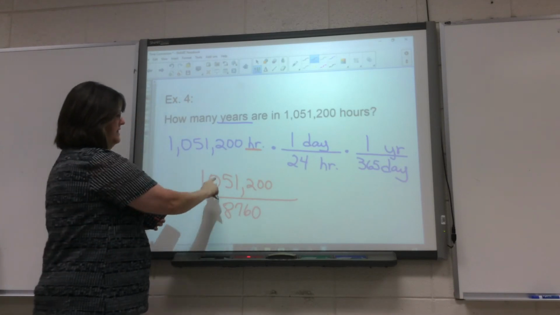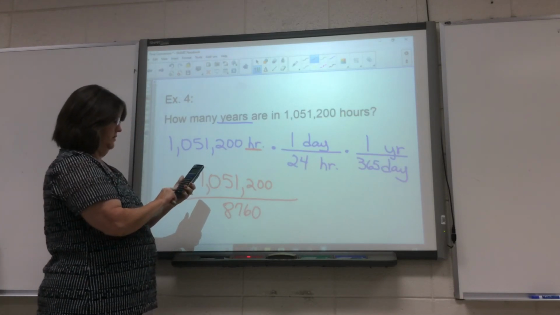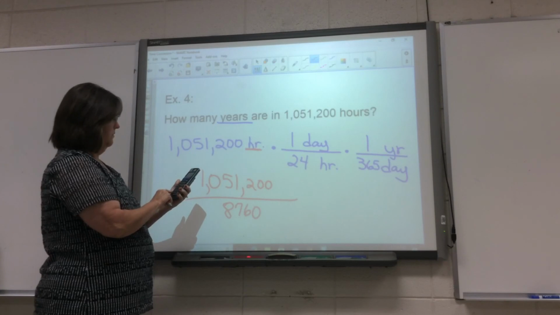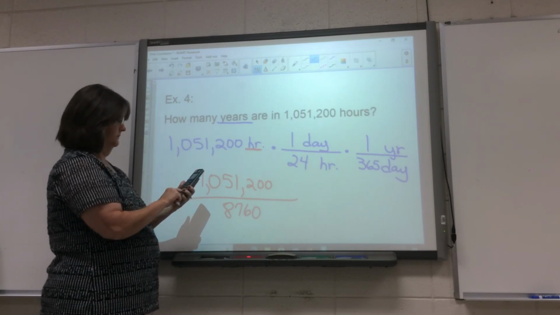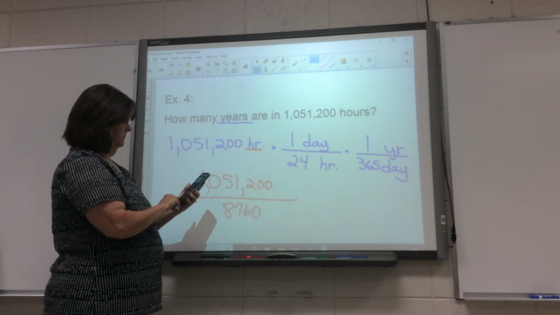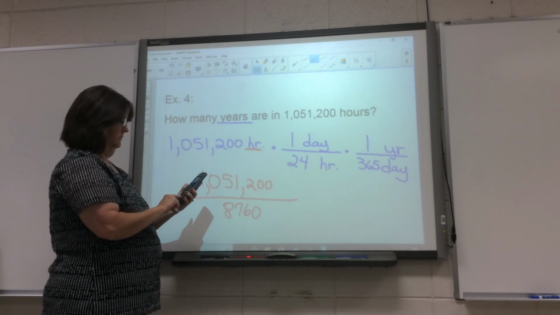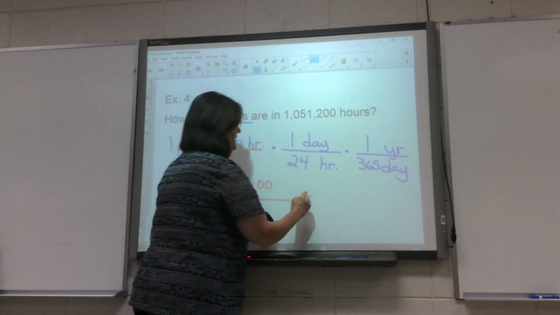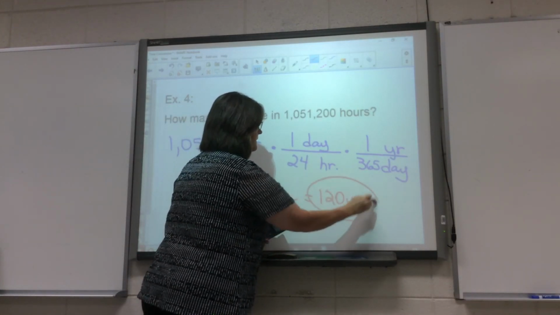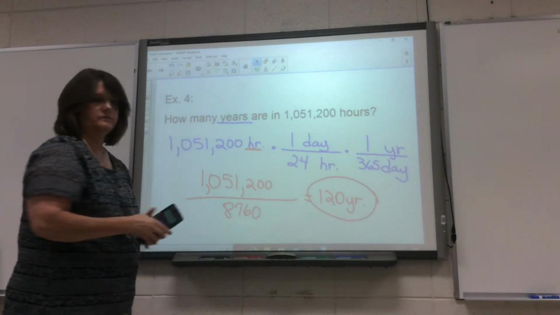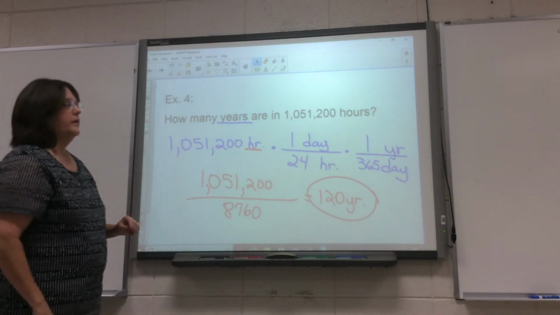And then we're going to take this number and divide it by that. Make sure you're typing it right. That's 120. So 120 years. That's our answer. Okay, thank you.